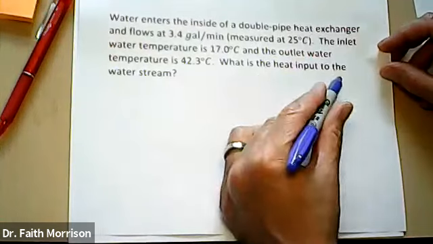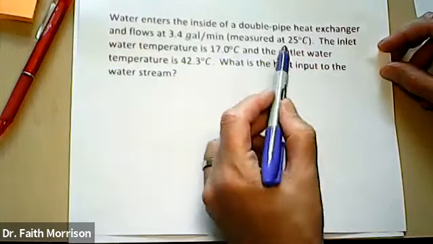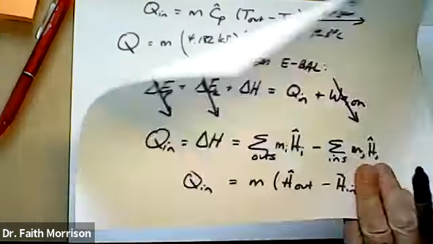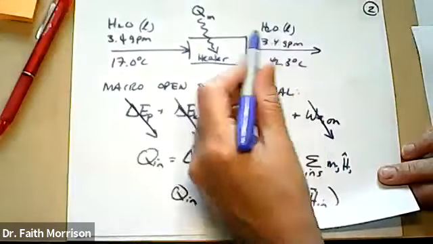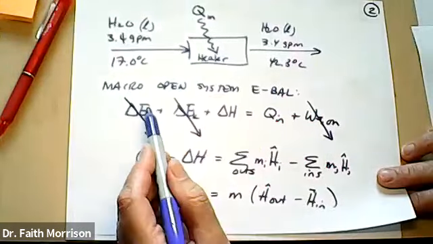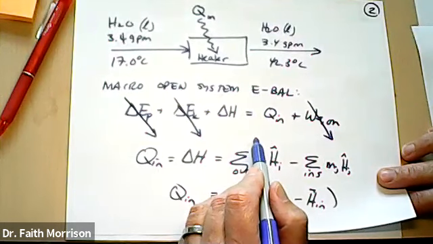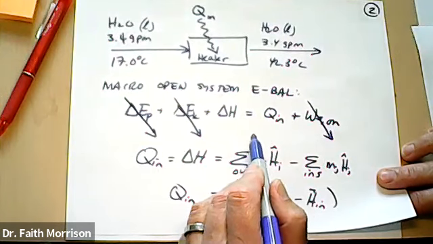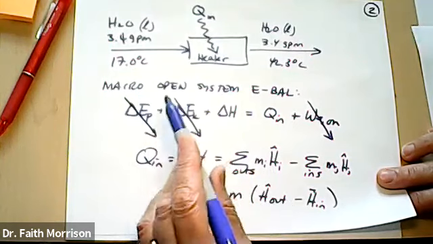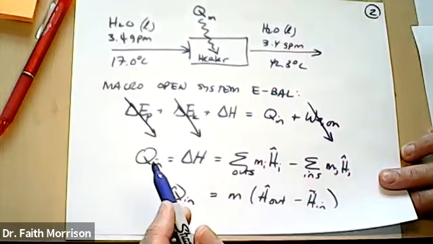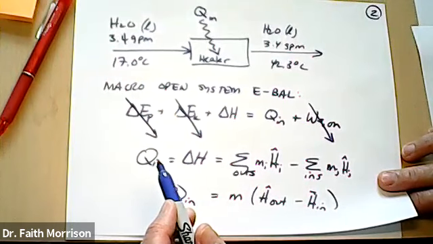what is the heat input into the water stream to get it to go from 17 to 42.3? And our solution was to sketch, then identify which piece of physics would constrain the system and allow us to calculate the answer. And it's the macroscopic open system energy balance. Then we need to know simplification steps for this problem.